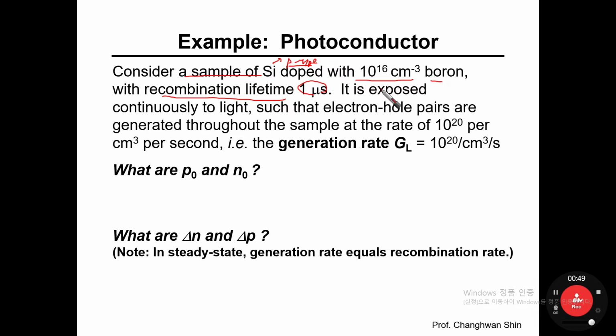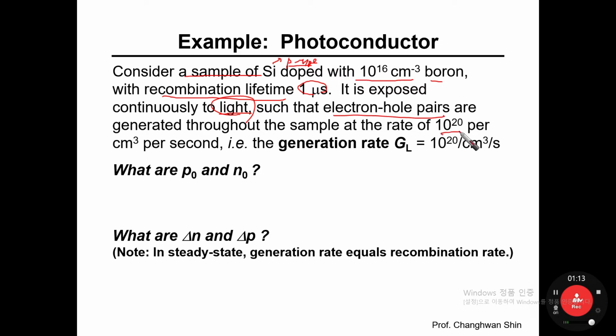Okay, so it is exposed continuously to light, which means this light is breaking the equilibrium state of this p-type silicon sample. As a result, electron-hole pairs (EHPs) are created throughout the sample uniformly, at the rate of 10^20 per cubic centimeter per second.